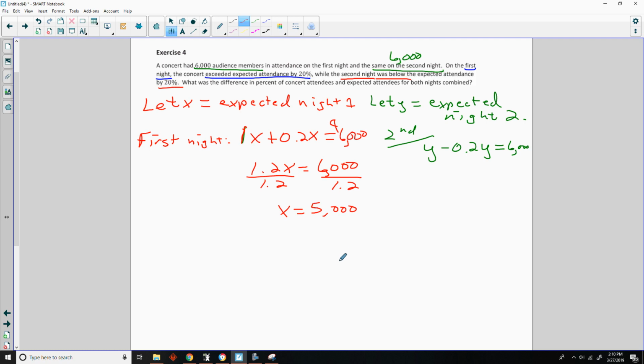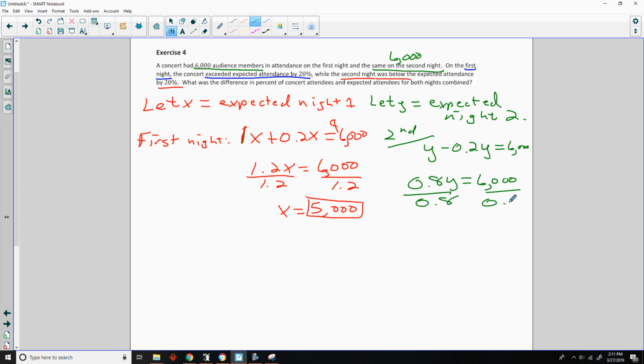Okay, so the first night was attended by 1,000 people more than expected. The concert had 6,000 in attendance, and the same the second night. The first night, the concert exceeded expected attendance by 20%. Okay, so this was their expected: X equals the expected attendance, night 1, 5,000, and they actually had 6,000. Now we want to do the second night. Well, y minus 0.2y is 0.8y equals 6,000.